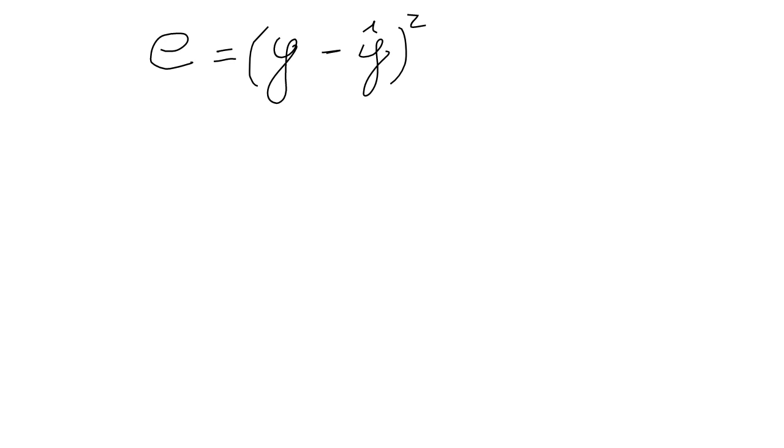So if we recognize that the outcome is just our function plus the error, and this is just our function that we've guessed and our data.